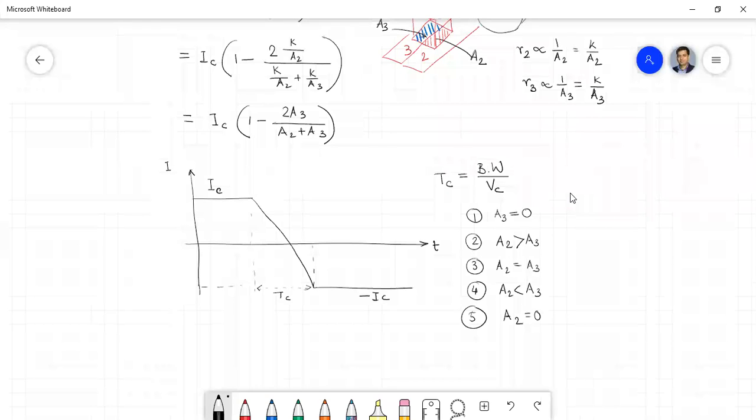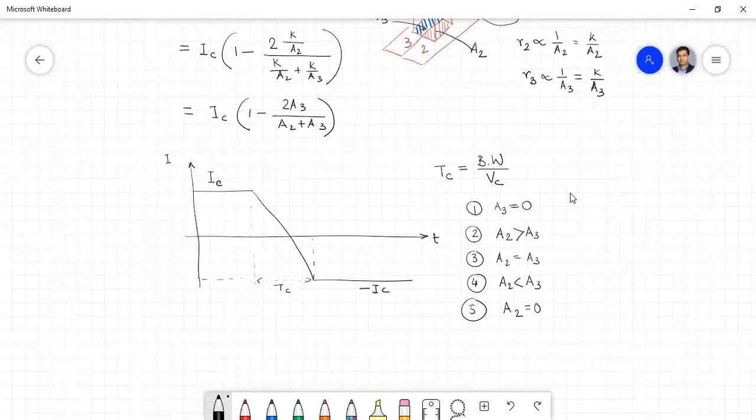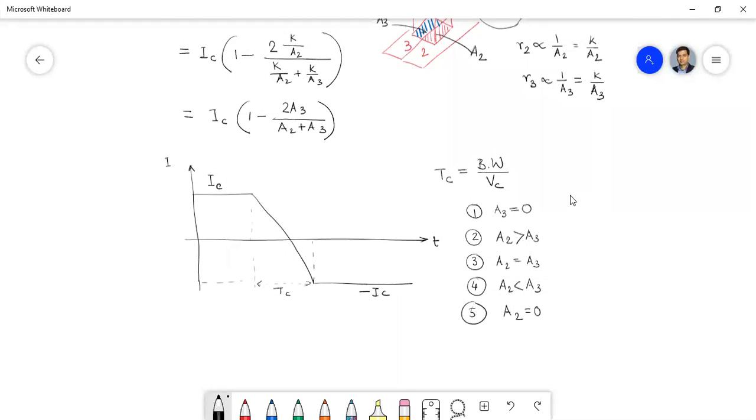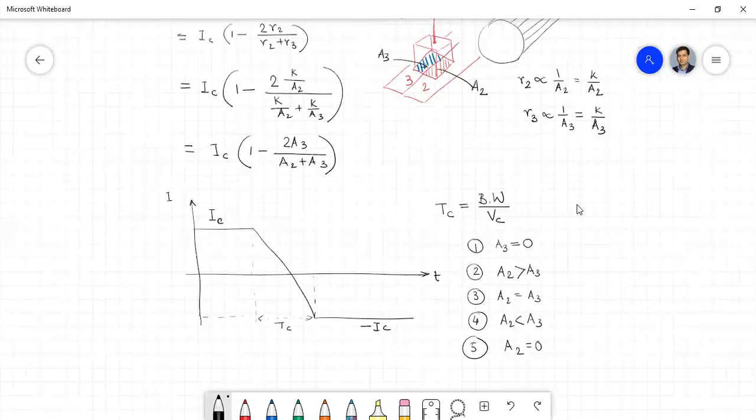Okay, so these are the areas. We have two areas under the brush. The area of the brush which is in contact with commutator segment 2 is defined as A2, and the area of the brush which is in contact with commutator segment 3 is defined as A3.